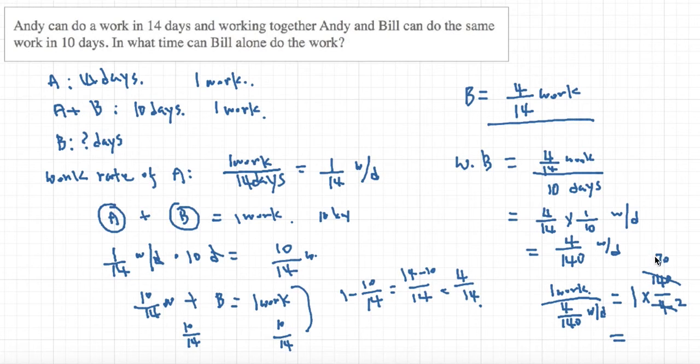We can simplify more: dividing both by 2, we get 35 and 1 as the denominator. So the answer is 35, and the unit is work over work per day, so the work cancels out and leaves days. So the answer is 35 days.